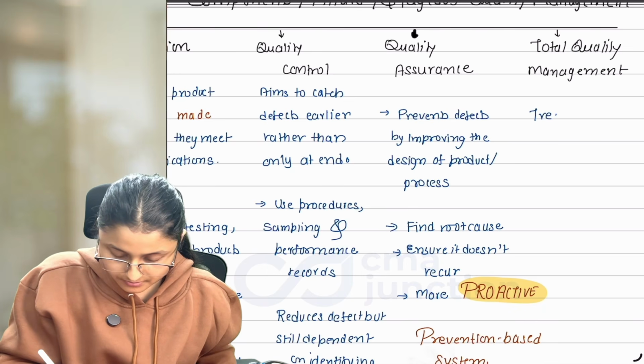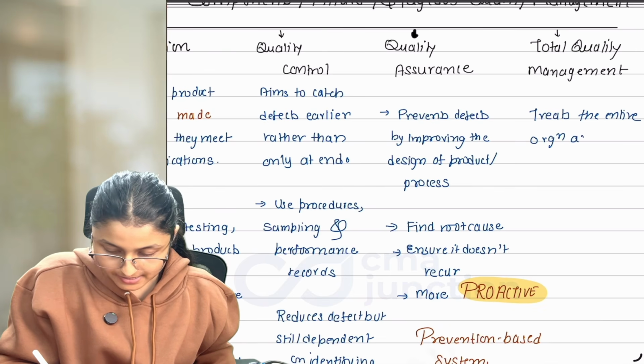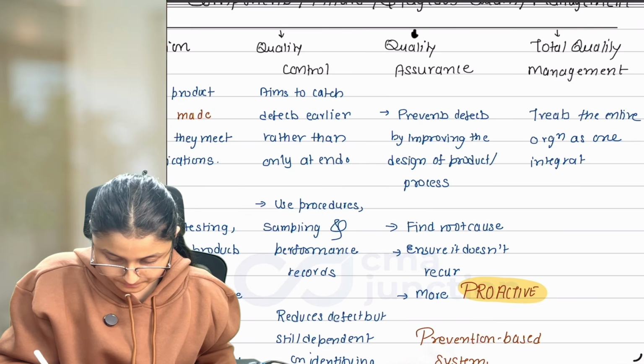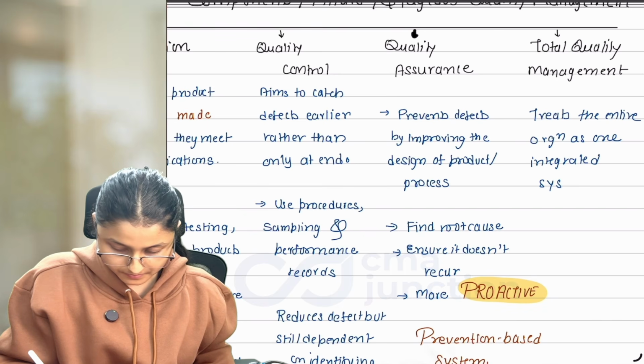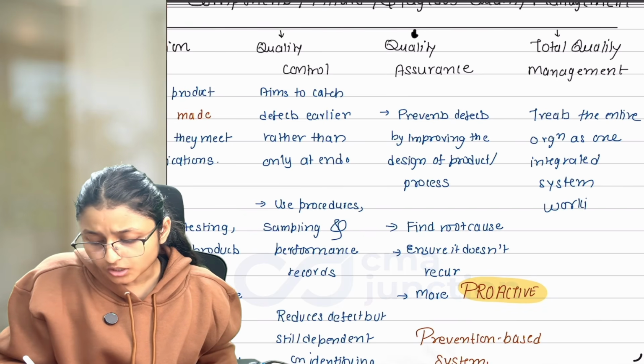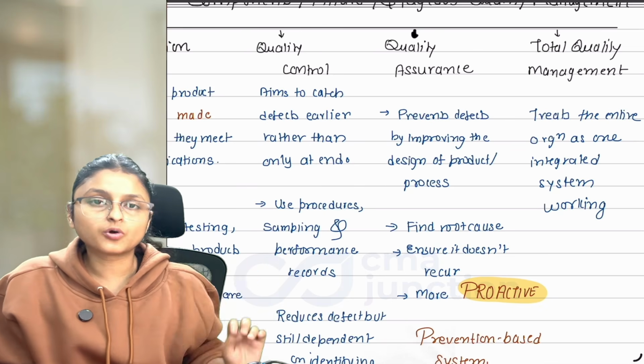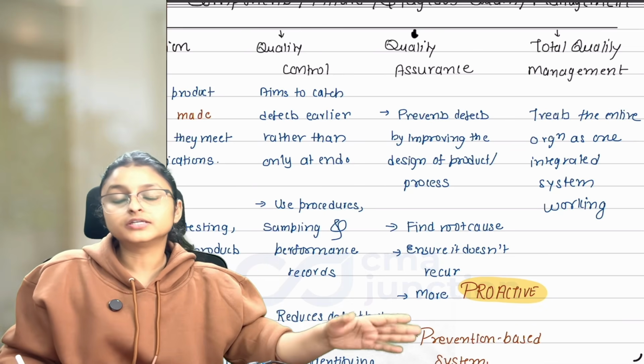Done. Next, after quality assurance, we have total quality management. This treats the entire organization as one integrated system working towards quality. That means there will not be any particular department like a quality department which is going to work on quality.